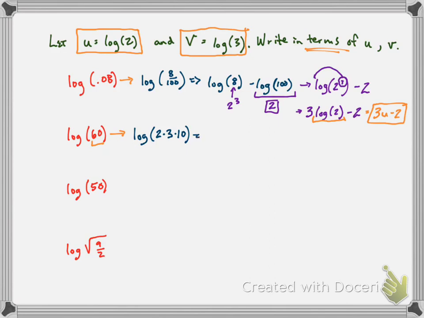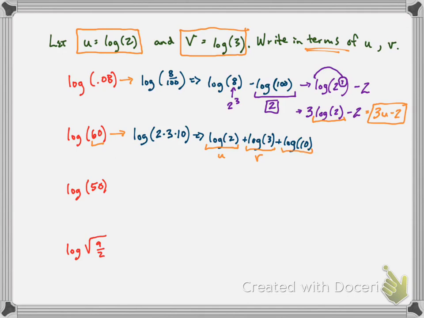Now, just as I can expand the log of a product of 2 numbers, I can also expand the log of a product of 3 numbers. So I could write this as the log of 2 plus the log of 3 plus the log of 10. We're told that anytime we see the log of 2, we are to express that as u. When we see the log of 3, we should express that as v.